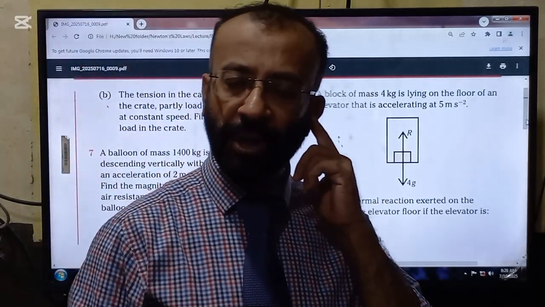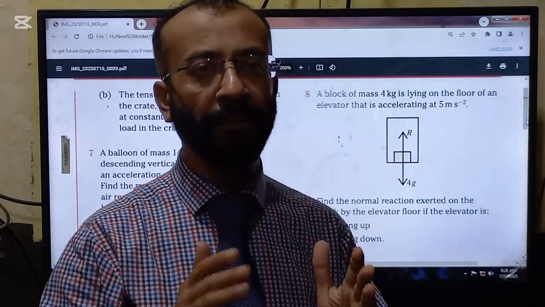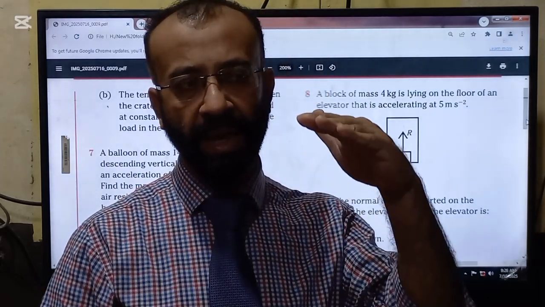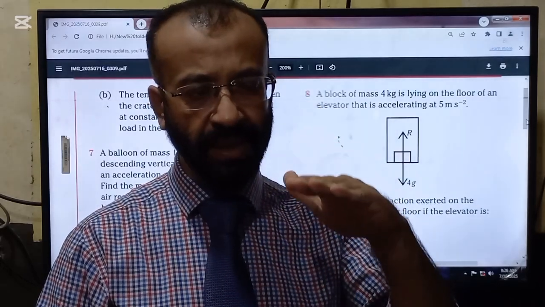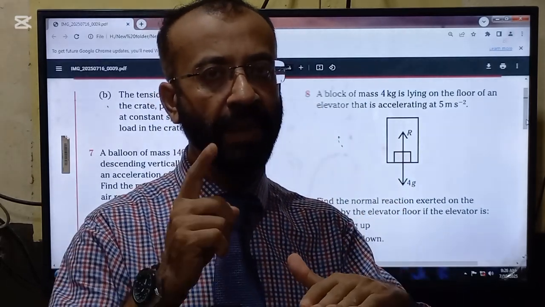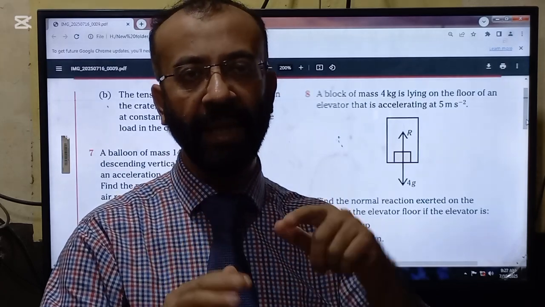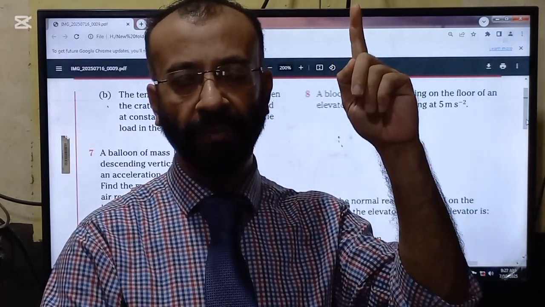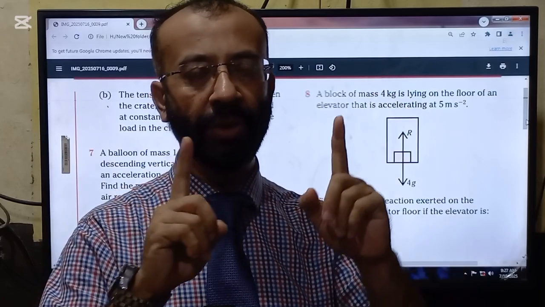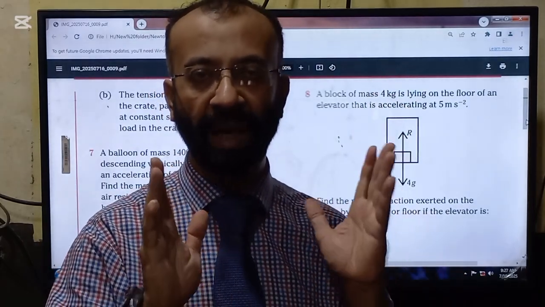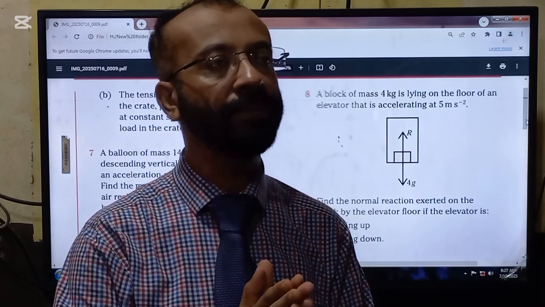So concentrate yourself. The concept for going up and going down will be this. If something is going down, it means the weight of the object will be greater than the reaction. So actually the resultant force matters. First you have to understand what the resultant force is.